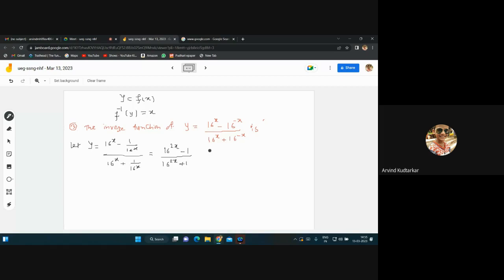Now we can get this simply by using the process of componendo and dividendo, and you know about componendo and dividendo.